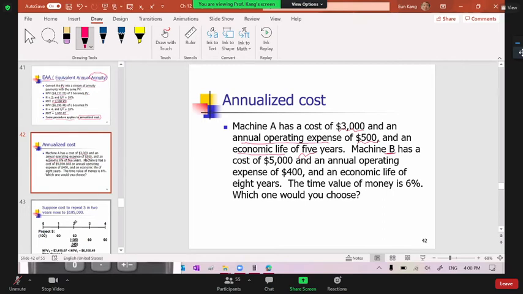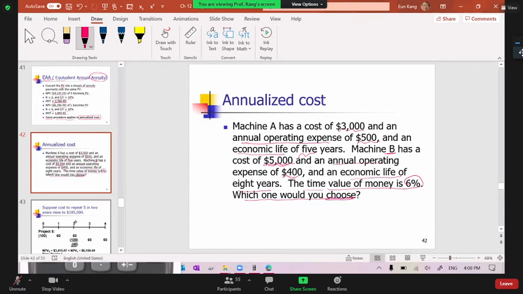Machine B has a cost of 5,000, but annual operating cost is less because it's a more efficient machine. More expensive, but more efficient. Also, economic life of 8 years. The time value of money is 6%. Which one would you choose?